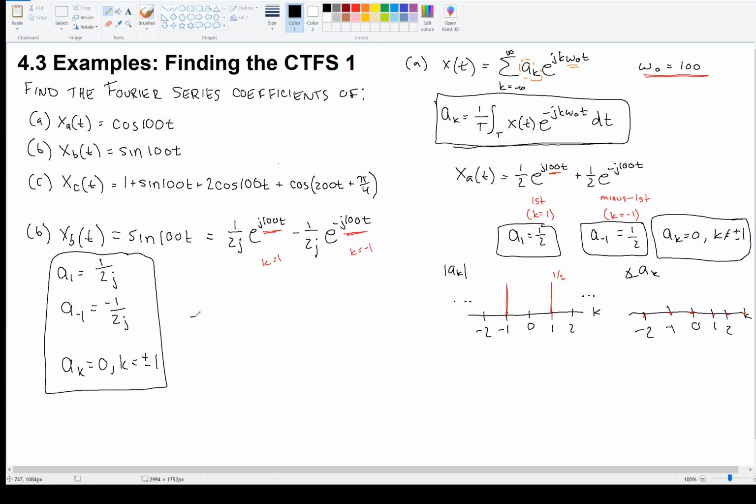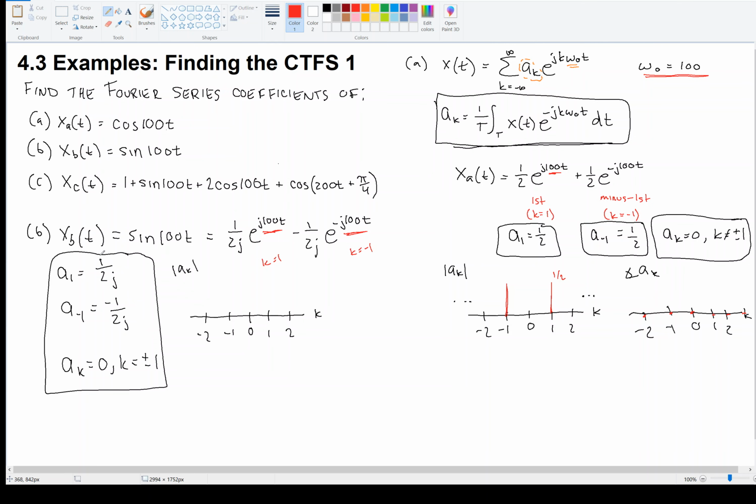And so let's plot magnitude and phase here. So this will be the magnitude of AK. Let me just put 0, 1, 2, -1, -2. Okay, and what is the magnitude of A1? Well, remember j is a direction.